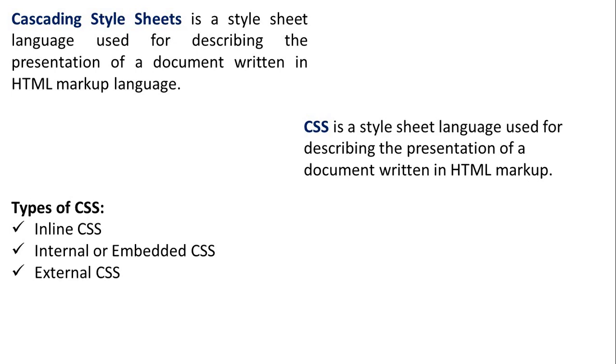It defines how the HTML tag will appear in the browser. It defines the presentation of the document to be shown in the browser. So after we incorporate the HTML tag, we have to apply the CSS, that is Cascading Style Sheet, to those HTML elements so that it will appear good in the web browser.